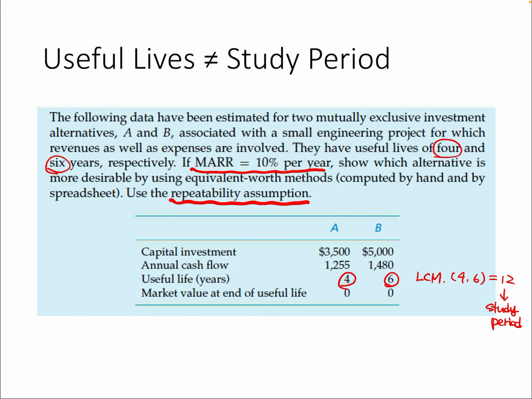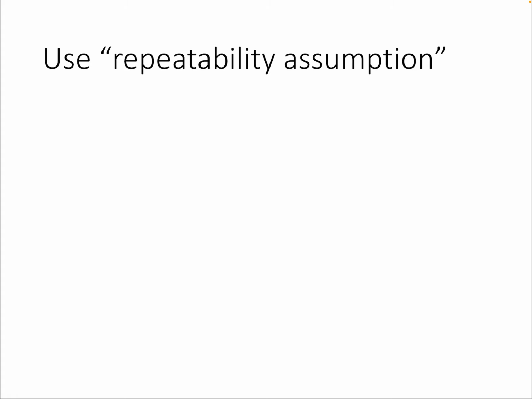So 3 times 4 is 12, so that you can extend the timeline of this option to 12 years. And for option B, you can repeat the cycle 2 times, which means 2 times 6 years will be 12 years. So that's the method we're going to use.